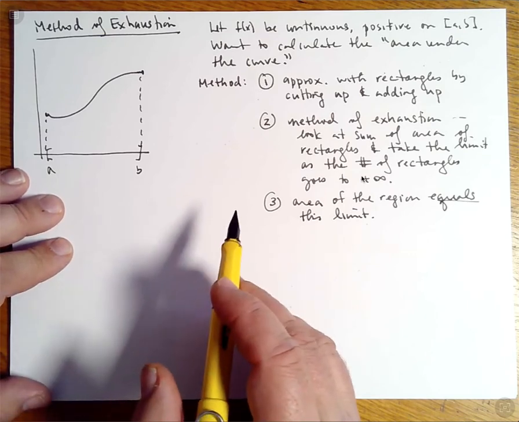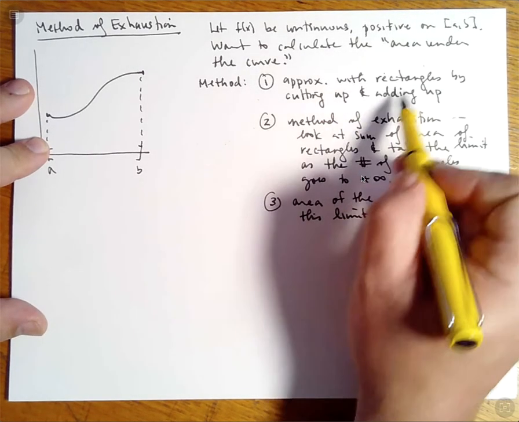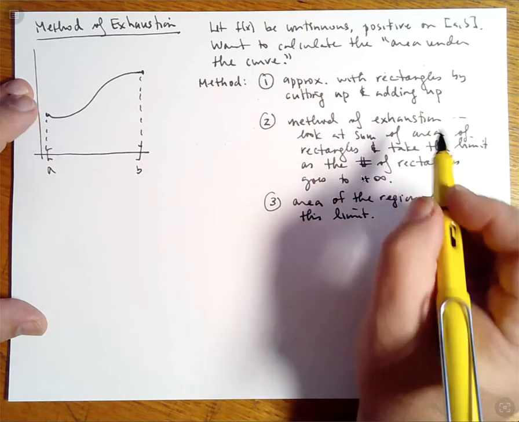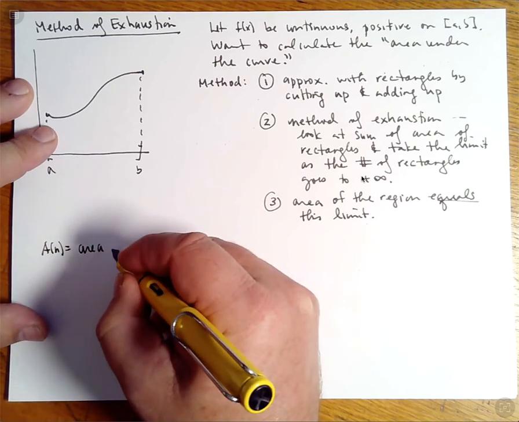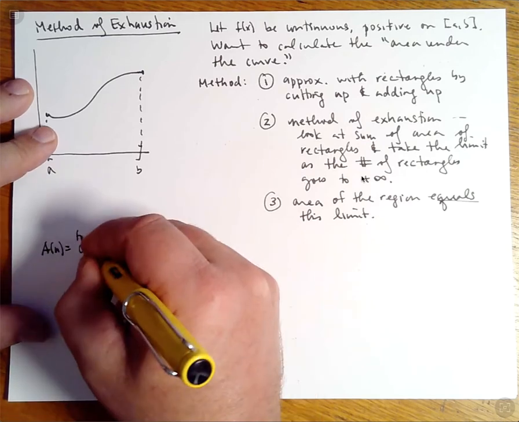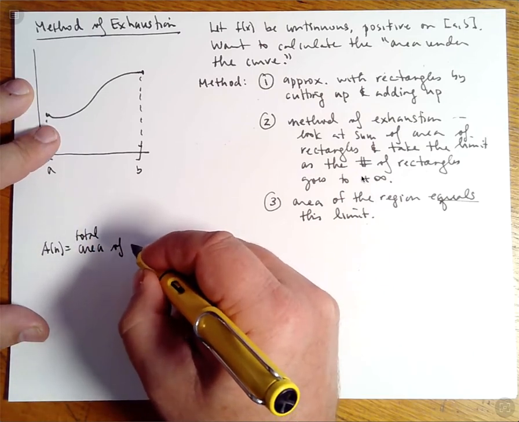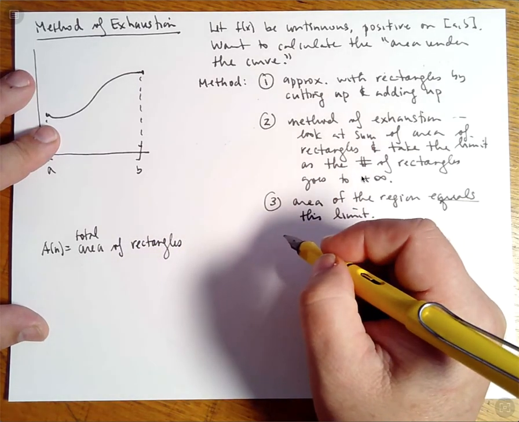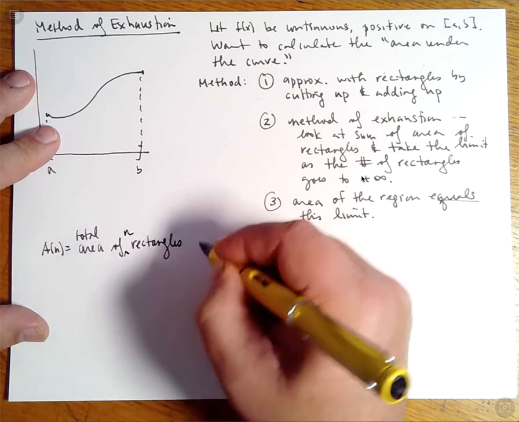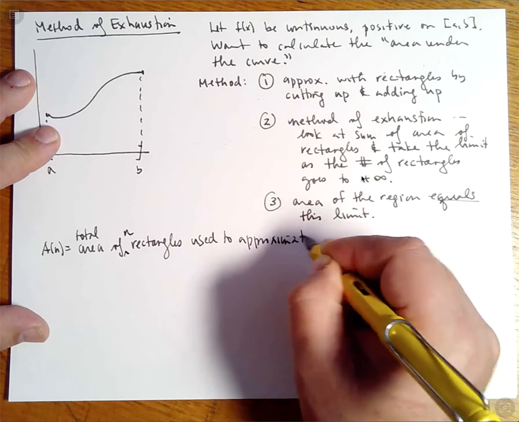So let me describe what the method of exhaustion is. If you start approximating the area with some rectangles, the typical way of doing that is saying, well, let A_n be the total area of n rectangles used to approximate the area of the region.